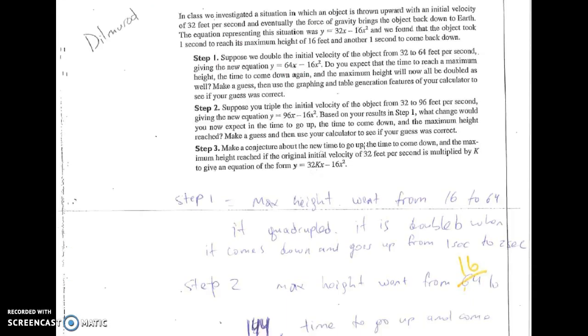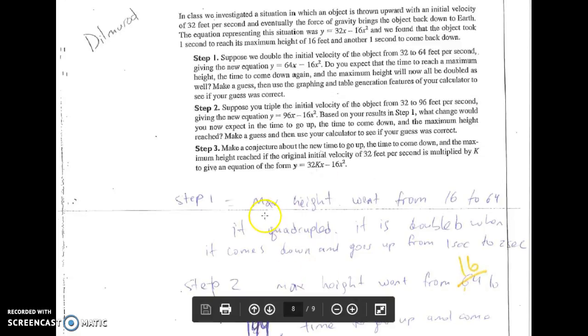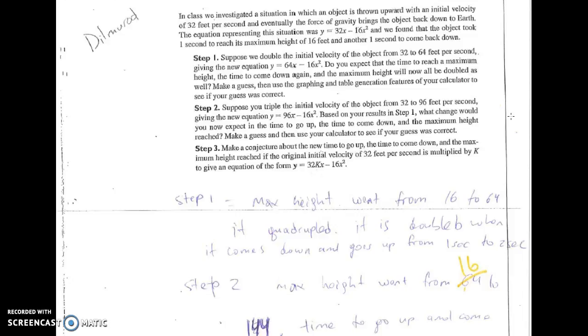I wrote here that max height went from 16 to 64. When we doubled the velocity, the height quadrupled. And the time to go down doubled, from 1 second to 2 seconds.